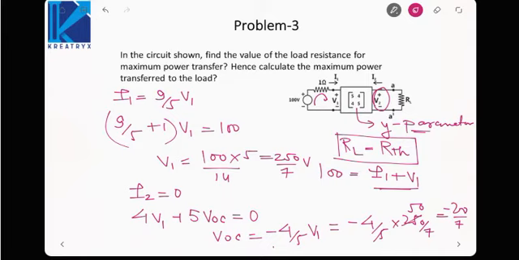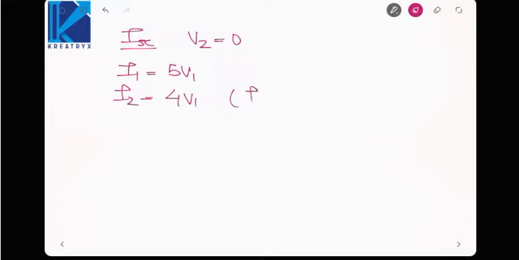To find out the Thevenin resistance, we need to use the short circuit current. If you want to find out short circuit current, then you will equate V2 equal to 0. Now the equations were, I1 is equal to how much? I1 was equal to 5 V1, then V2 equal to 0, I2 will be equal to 4 V1, and I2 will be equal to minus ISC.